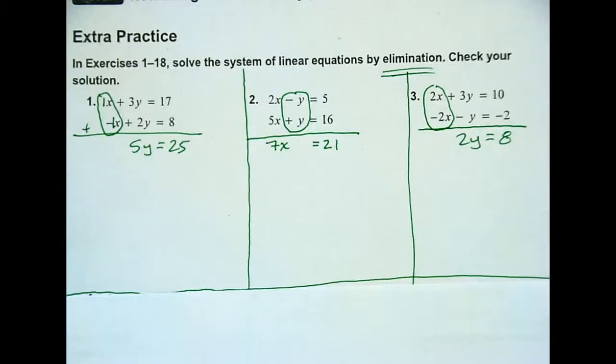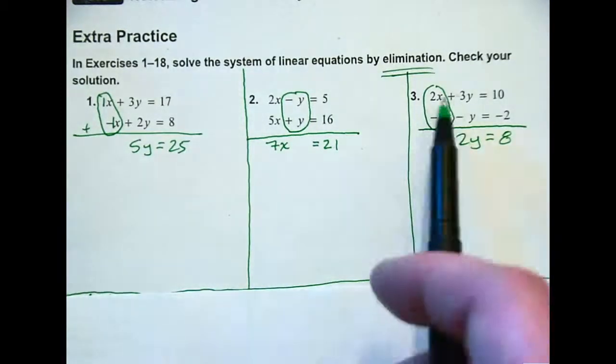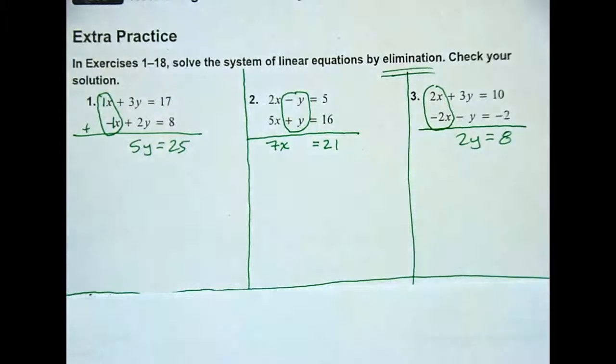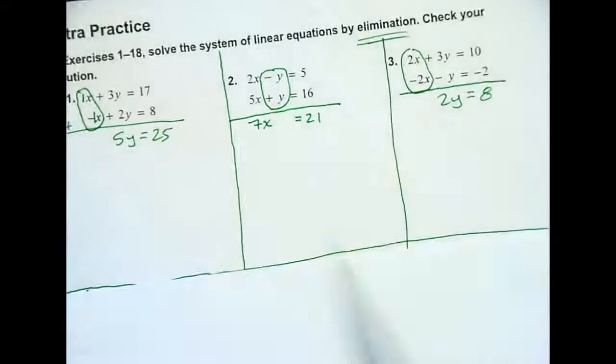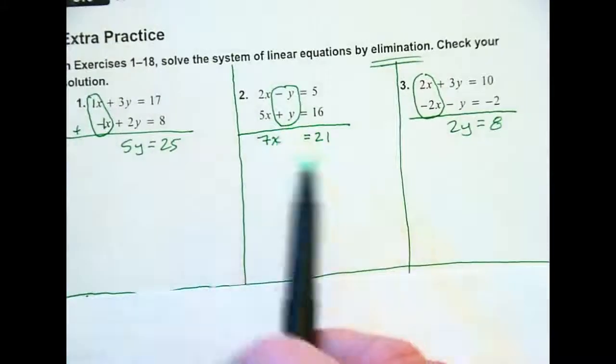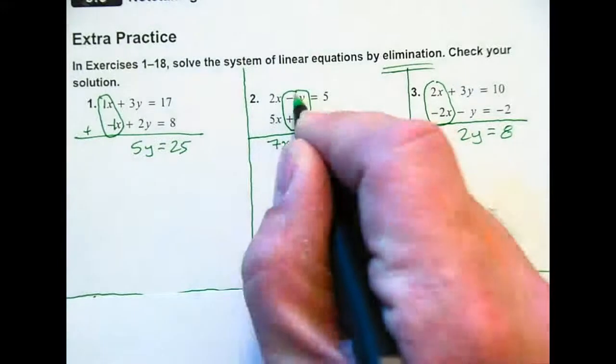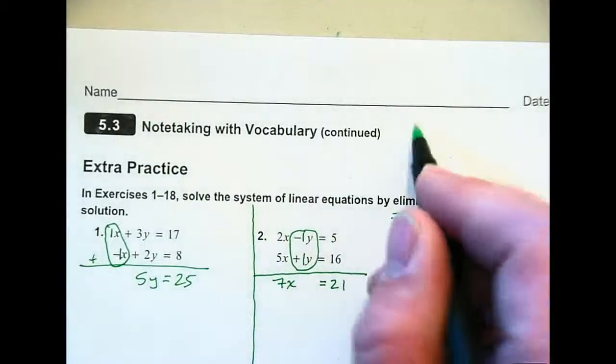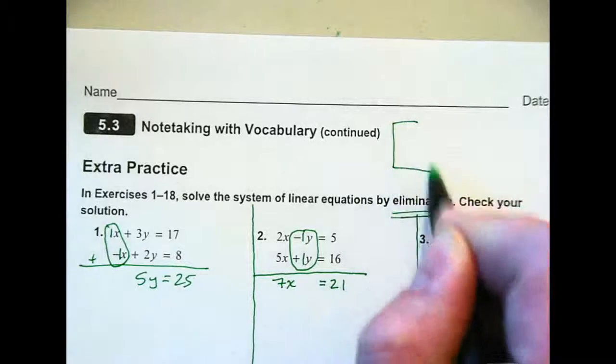That means I have opposite coefficients, or I have the 1 and the negative 1. Here it's 2 and negative 2. What do we have here? Negative 1, positive 1. On your paper, just up here somewhere, I want you to write two terms that will eliminate that we haven't used.